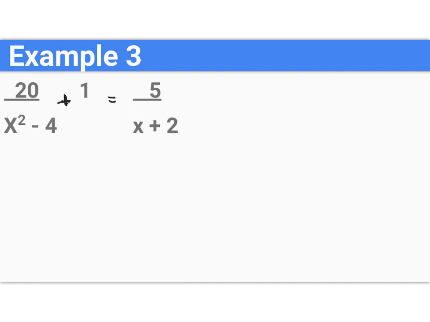Okay, example 3 looks a little messy, but remember, 1 goes over 1. We have to multiply 20 plus x squared minus 4.